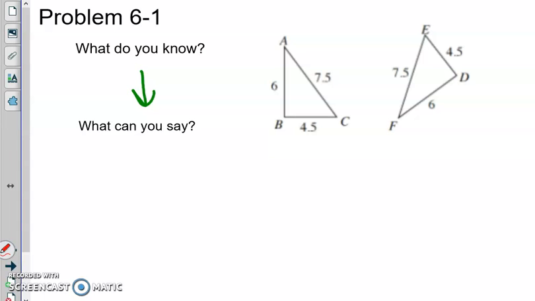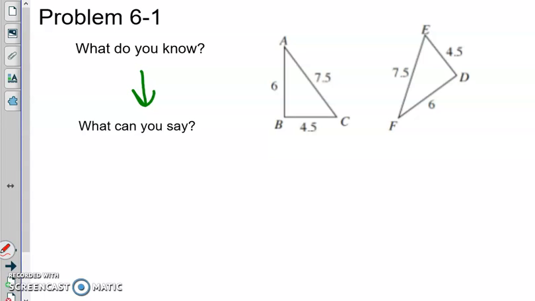We have a rule, or we have a definition, such as if I have an isosceles triangle, I know there are two equal sides. And we can use that additional information to help us prove things. So what do we know? And then because of what we know, what now can we say has to be true about our shapes?